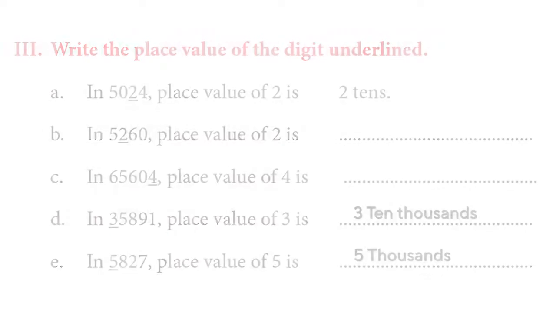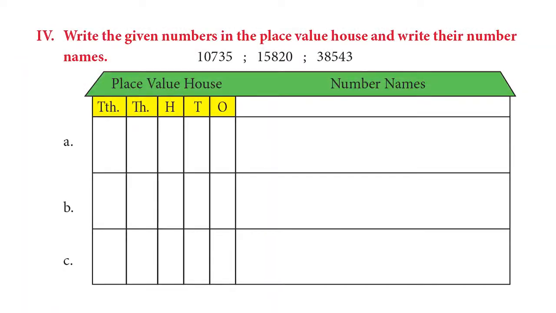Okay. All right. Then the next one is again the place value. Write the given numbers in the place value house and write their number names as well. There are 4 sets of numerals that are given for us. So, 10,735, the second number is 15,820 and the third number is 38,543.